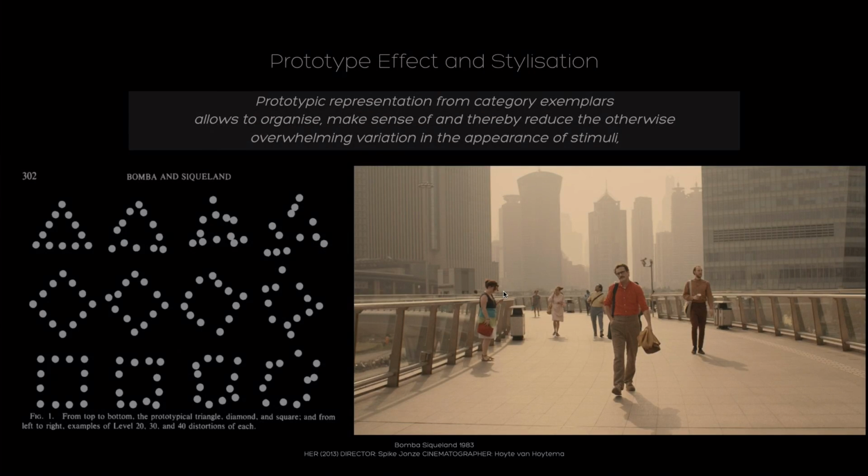Or why do we like prototypic effects more? If we look at film rendering, it always has a stylization aspect. And in fact, we can find the same principles in general studies of visual preference and visual perception. We like it when things get reduced to prototypes, thereby reducing the otherwise overwhelming variation in the appearance of a stimulus.